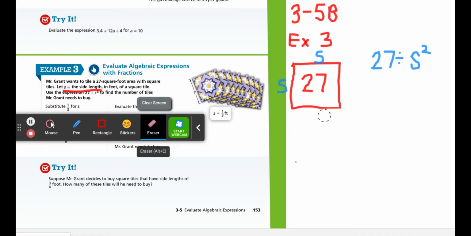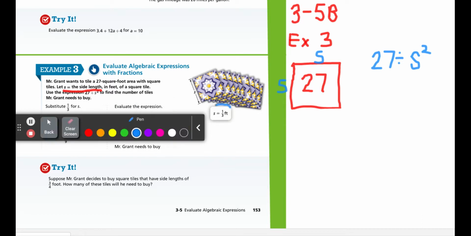27 divided by S squared. Let's see, what is S going to equal? S is going to equal 1/3 of a foot. So S is going to equal 1/3. So they told us what S equals. We are now going to plug that value in. We no longer want the S there. We want it to say 1/3.